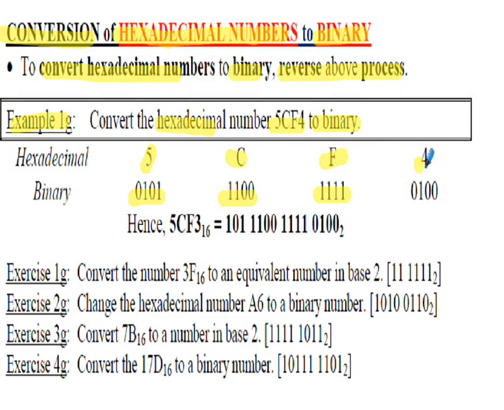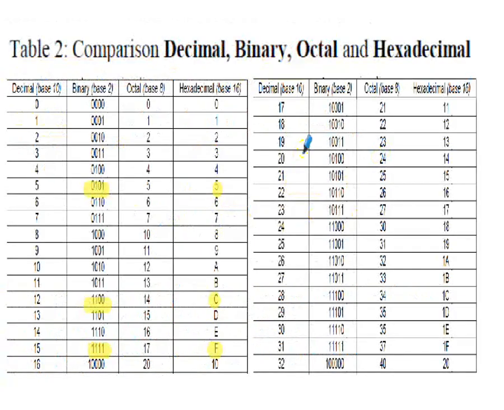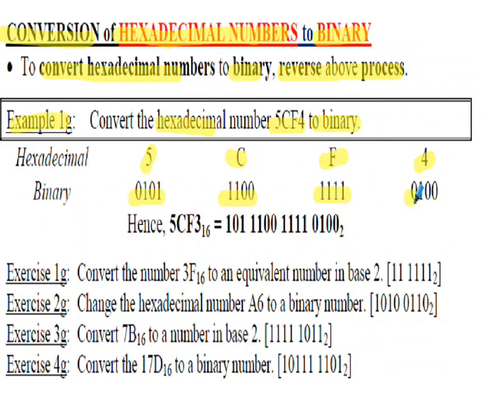And finally 4 in hex, reading off the binary, we get 0100. So we replace the 4 with 0100. Putting them all together, we get 101, 1100, 1111 and 0100 in base 2. Notice I omitted the leading 0 in the binary number as it doesn't signify a value.